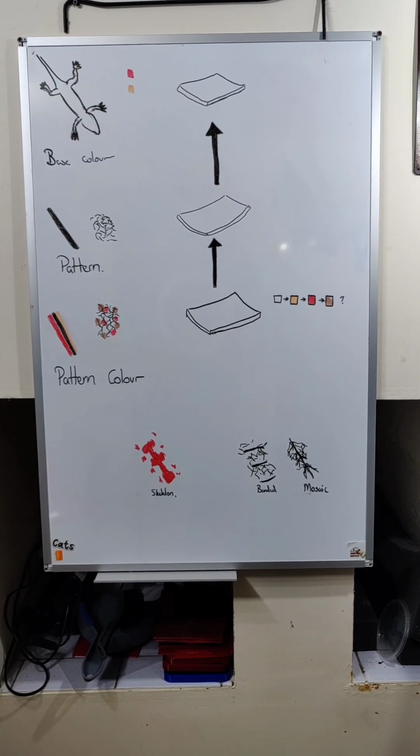Now, the third layer, which is the most interesting layer, is the pattern colour. Pattern colour is almost always influenced by pattern. By this, I mean, if you have a red striped gecko, it's generally a red stripe pattern colour on a striped pattern animal. And the same for blotched.